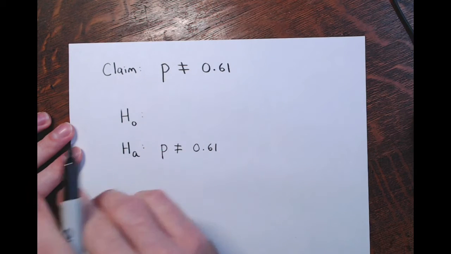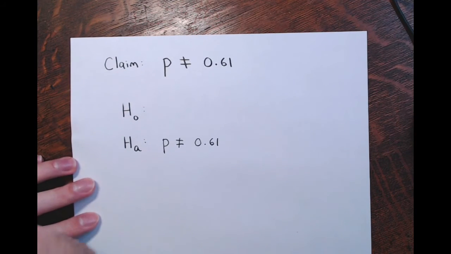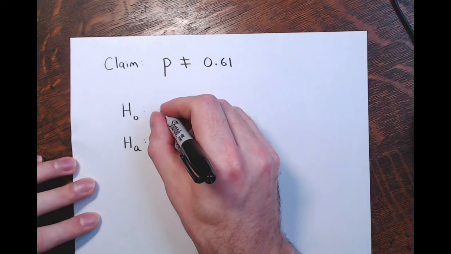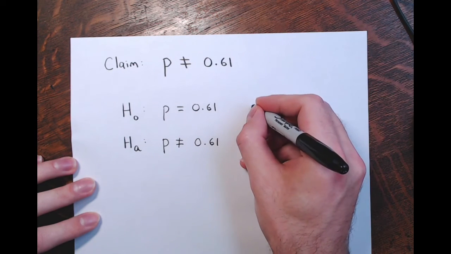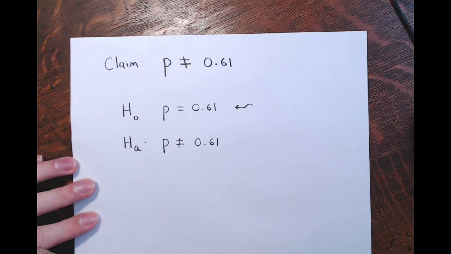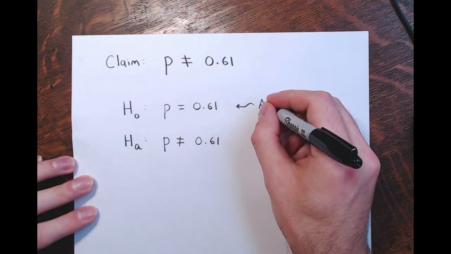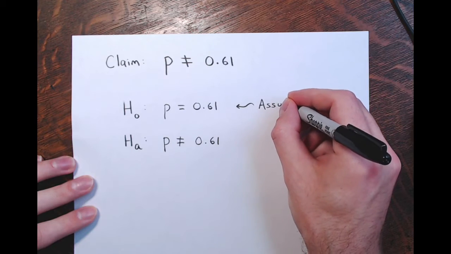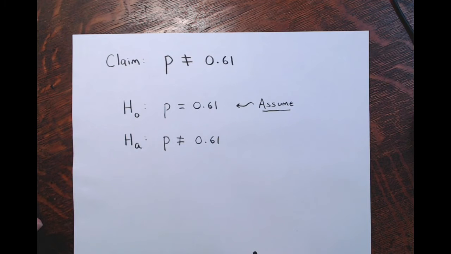The null and alternative hypotheses should be opposing statements, so the opposite of not equal to is equal to. And don't forget, this equality, that P equals 61% or 0.61, is going to be assumed. You assume that this is true, and then we decide whether or not we like that assumption later, whether or not we're going to reject it.